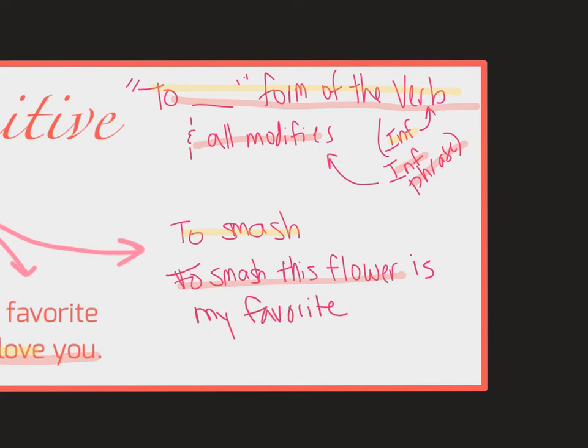Which means I need to capitalize this now. And then, said Hulk. To smash this flower is my favorite, said Hulk. Well, when we have this full phrase here acting as the subject of to smash this flower is my favorite. So there it is acting as a subject.